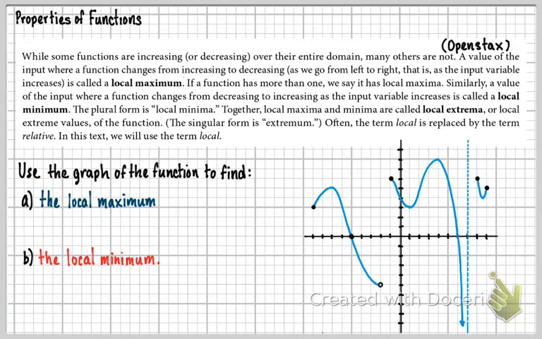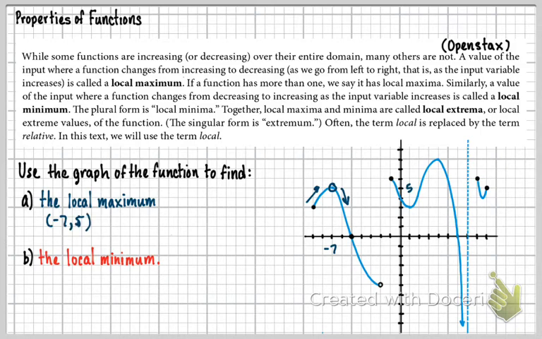First things first. Again, if it's a maximum, we're looking where it's increasing to decreasing. So when I look at these values here, where is it going from increasing to decreasing? It's increasing here, and it's decreasing here. So that would be a point where it goes from increasing to decreasing. I would say that that's -7 for the x and 5 for the y. So this would be -7, 5.